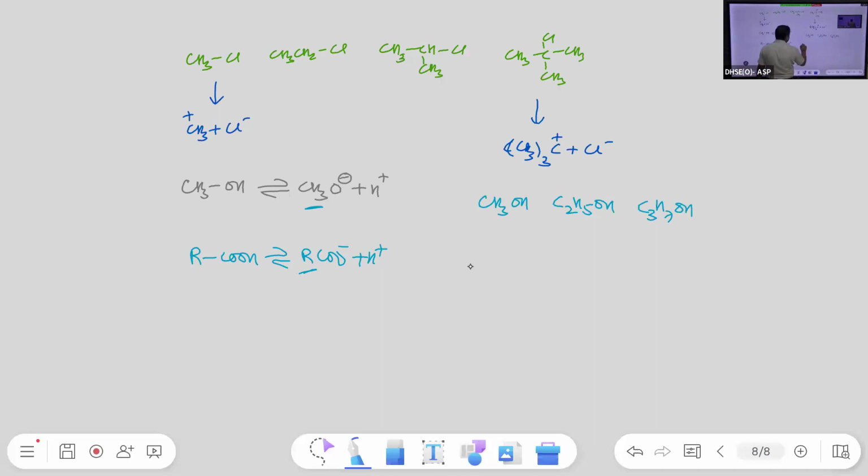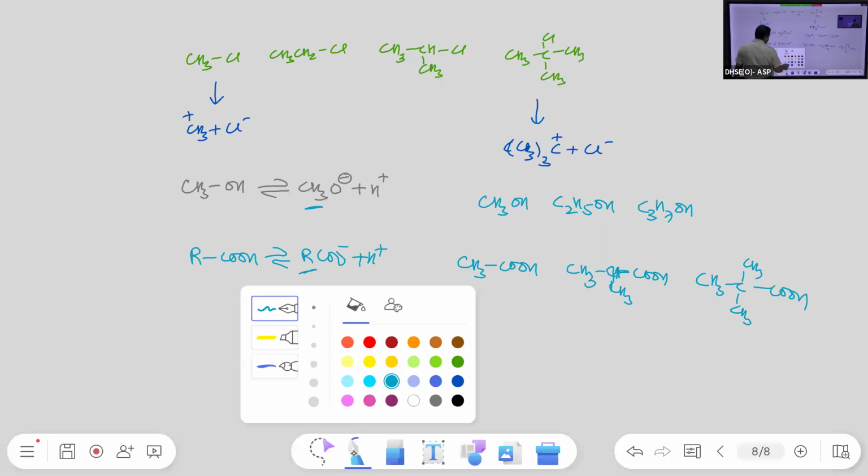Okay. So there is a question that came in NEET. You can see. What is the order of acid strength of these species? I'll quickly note it.